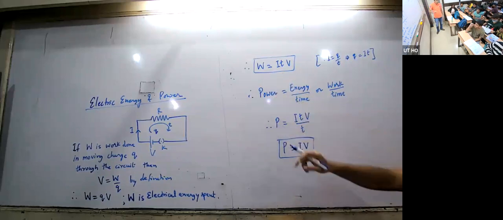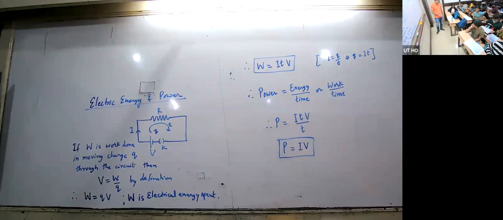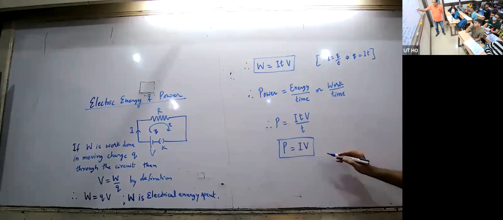Okay. The power has 3 forms, just like Ohm's law. So by Ohm's law, I is equal to V by R, right?